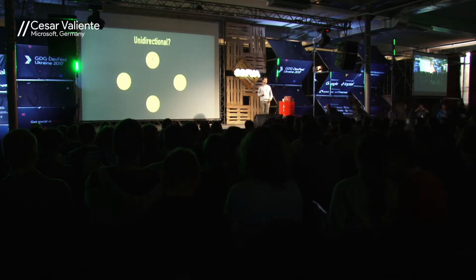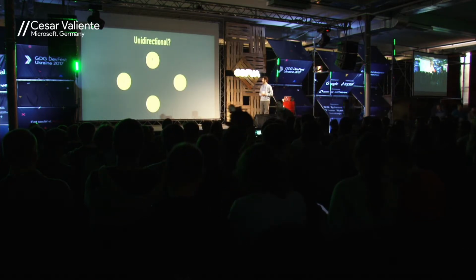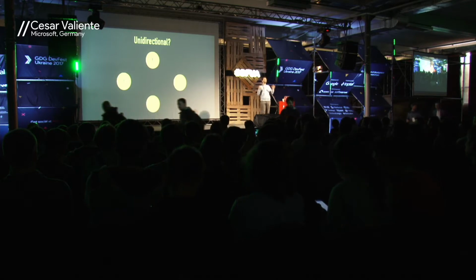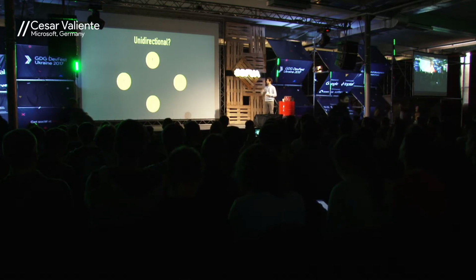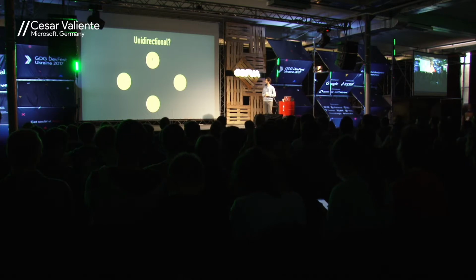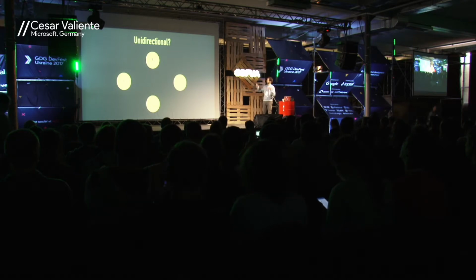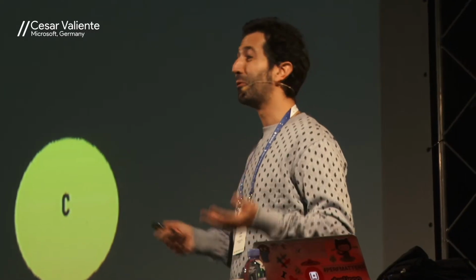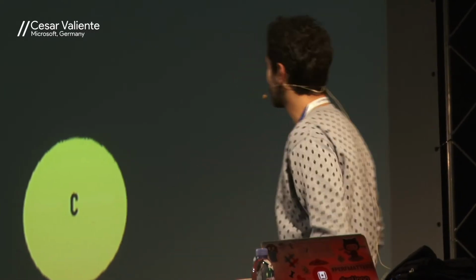So first, unidirectional. What is unidirectional? It's simple, no? Unidirectional is just one direction. In this diagram, we can see four circles, A, B, C, D, and if we want to cover all of them, we have different alternatives. But I'm going to follow one to see that we go unidirectional and just unidirectional, okay?